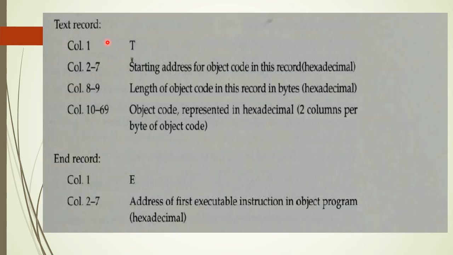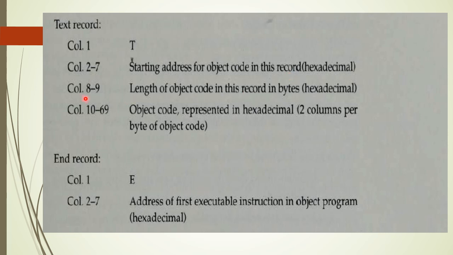In the object program, after the header record, the next record is the text record. In the text record, column number 1 is for T, indicating the text record. Columns 2 to 7, a total of 6 columns, are for the starting address of the object code in this record. The starting address of the object code in the given program, as discussed in the previous session, is 1000.